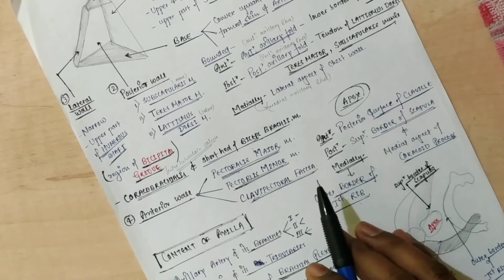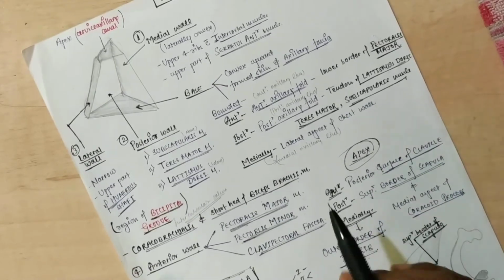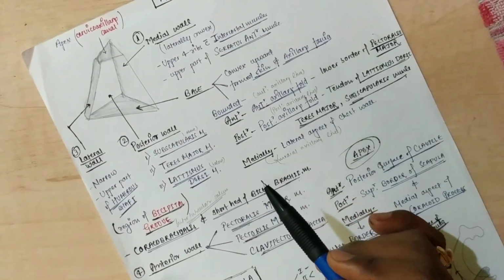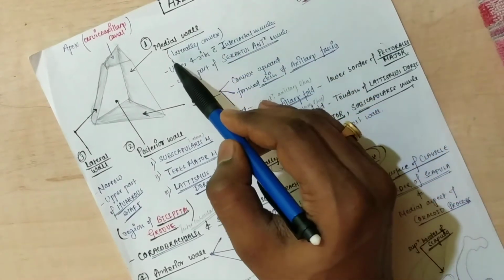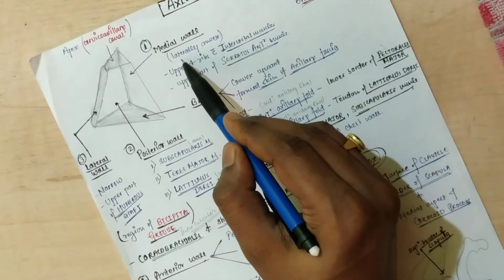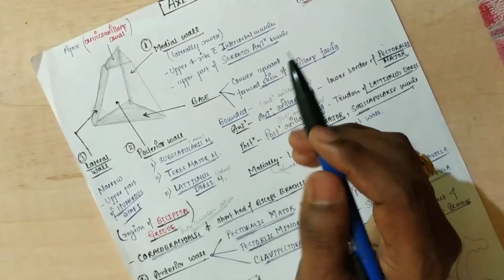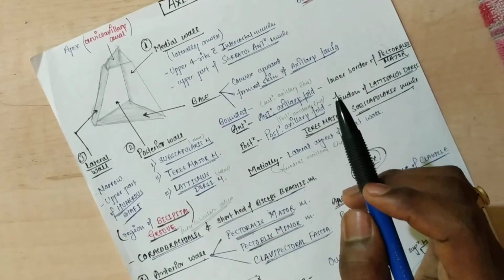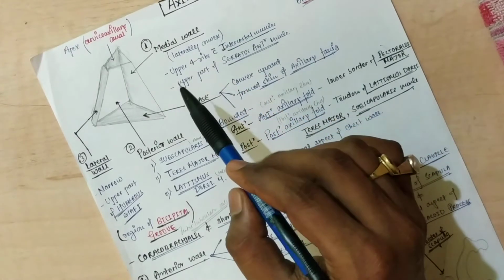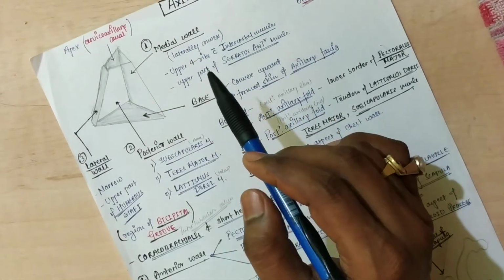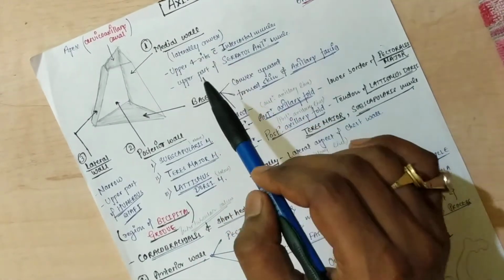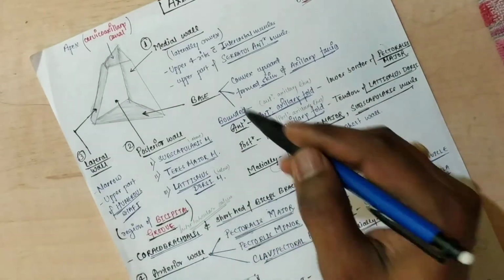Now we will talk about the medial wall, which is laterally convex because the medial wall is part of the chest.